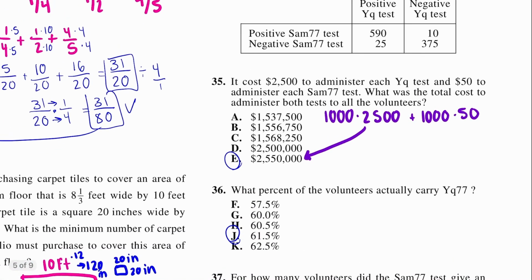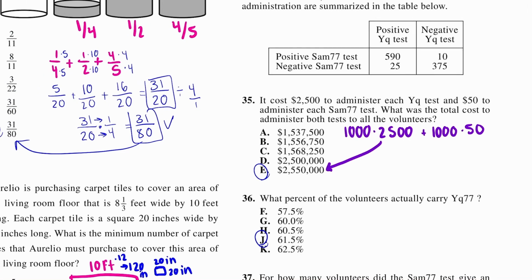What percent of volunteers actually carry YQ77? So let's see. For a positive YQ, we know that all of these people in this box, this plus this, all of those people have YQ77 because the YQ test is 100% accurate.